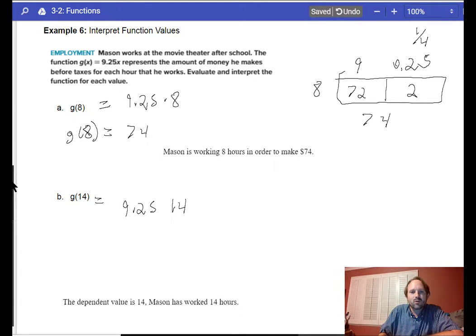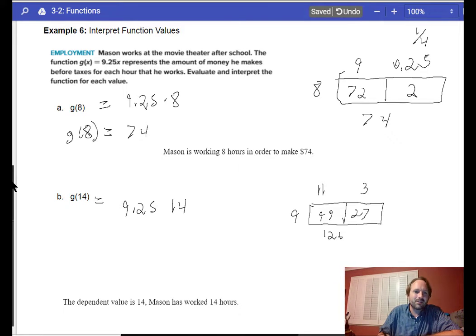So 9 times 14, that would be 99, plus, I know there's going to be 11 and 3. I'm trying my best not to get a calculator out. So 9 times 14 would be 99 and then 27. Add these together, 126. So I know 14 times 9 is 126.